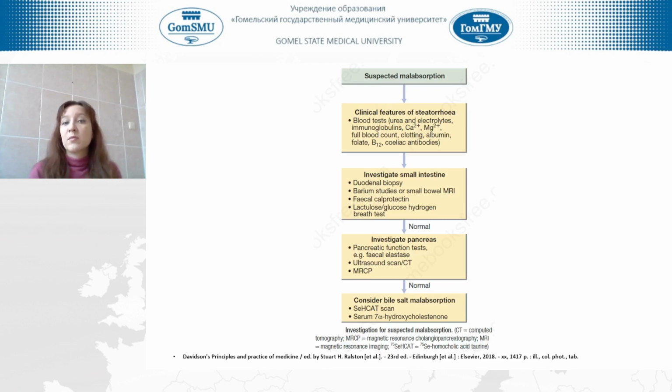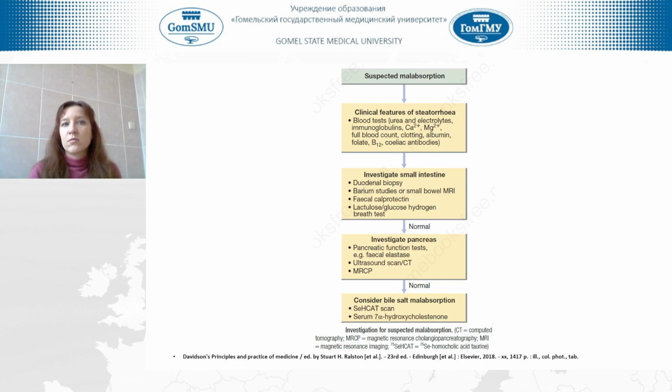Investigation for suspected malabsorption. Clinical features of steatorrhea; blood tests: urea and electrolytes, immunoglobulins, calcium, magnesium, full blood count, clotting, albumin, folate, B12, celiac antibodies.